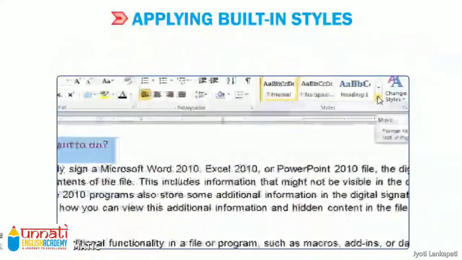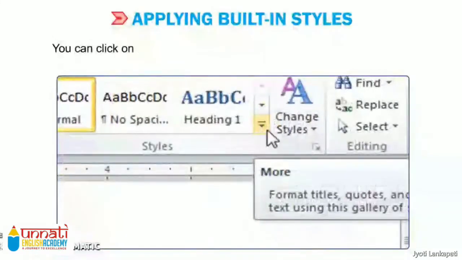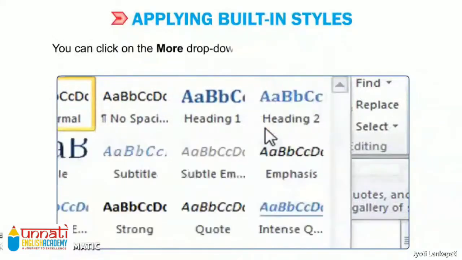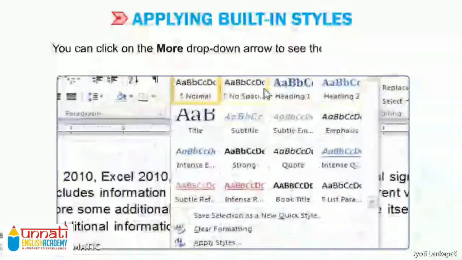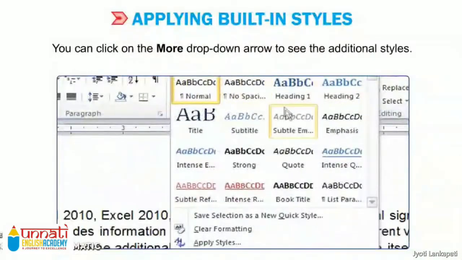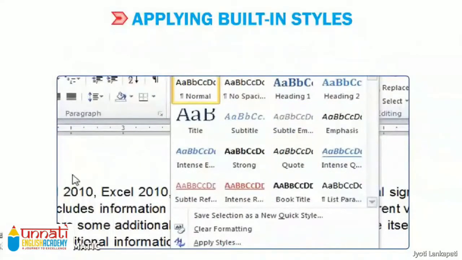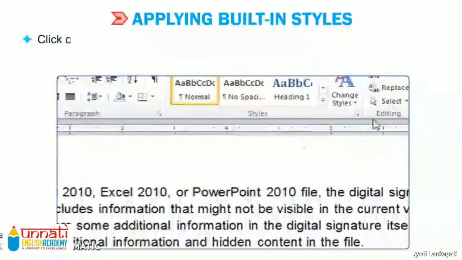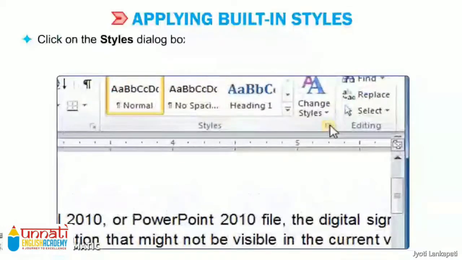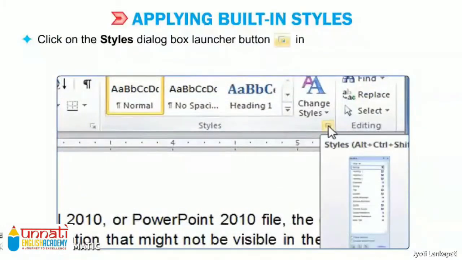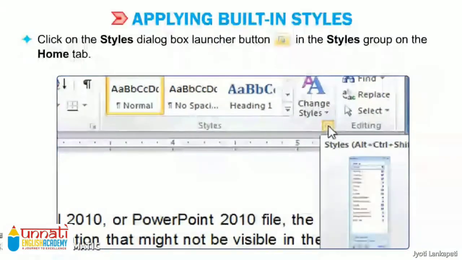You can click on the More drop-down arrow to see the additional styles, as shown in the figure, or click on the Styles dialog box launcher button in the Styles group on the Home tab.